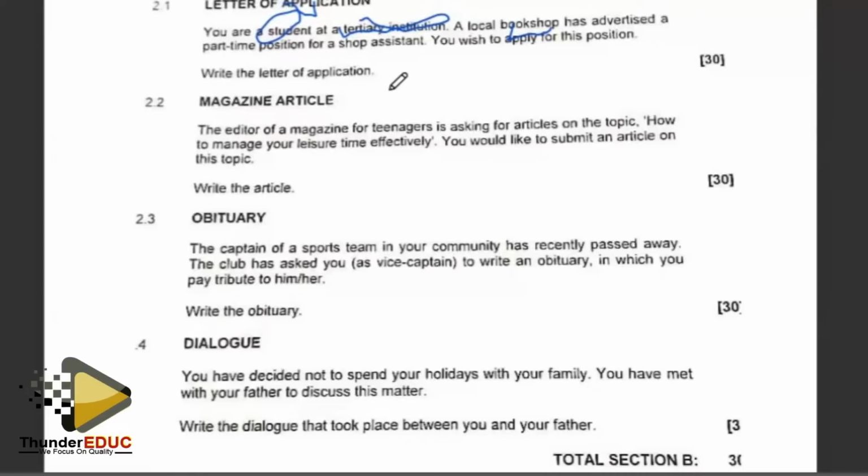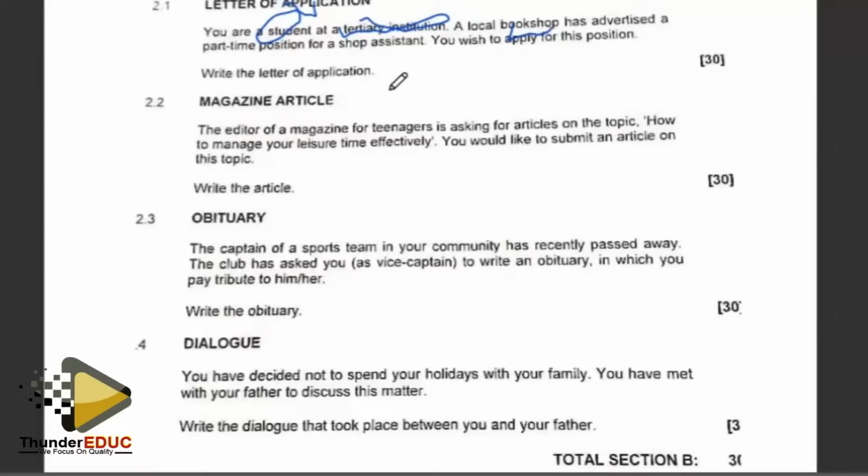So number one, you need to propose strategies and methods on how to manage your leisure time effectively. What does it mean, boys and girls, to manage? When we manage something, it means that that specific thing is in our care for a specific time.